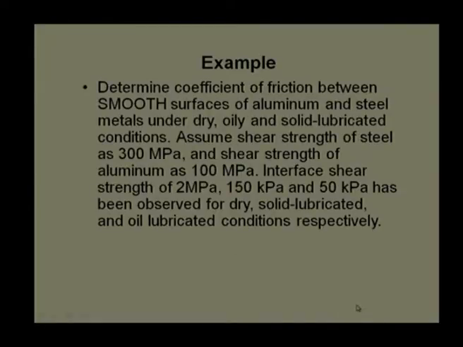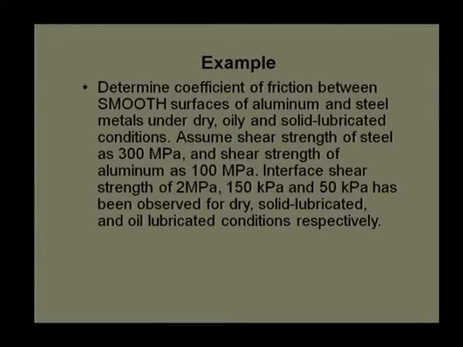Here we have defined the two surfaces, one made of aluminum, another made of steel. Three conditions have been defined: dry, oily and solid lubricated. Solid lubricated, in this case, we can say is powder lubrication, molybdenum disulfide or some Teflon related coating.